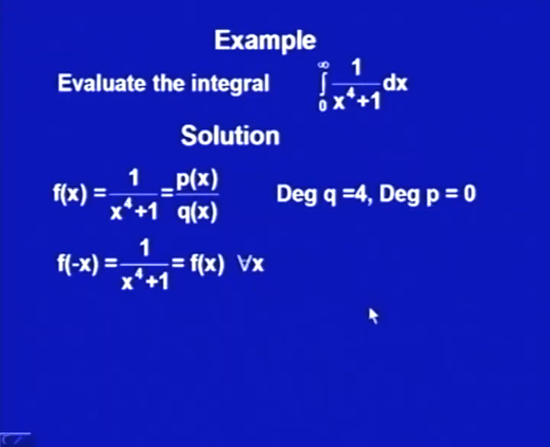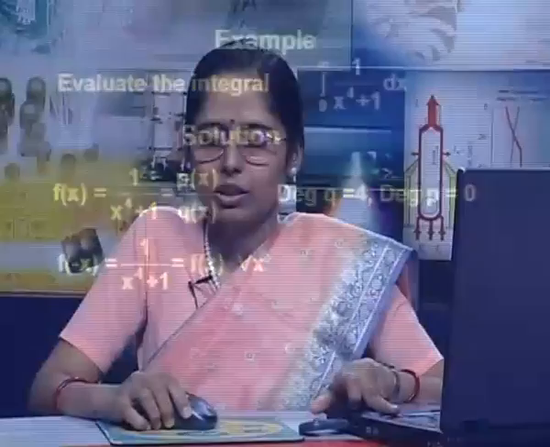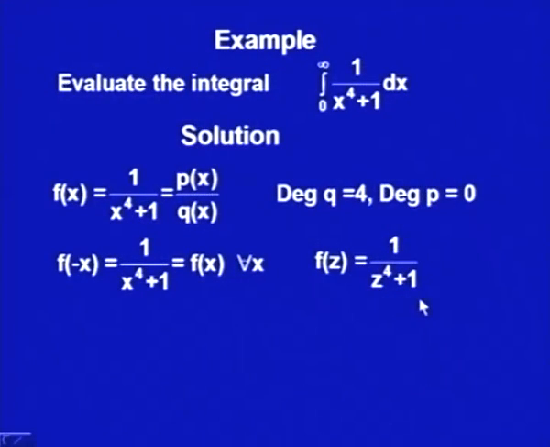So, again the Cauchy principal value formula would be applicable, and the method just now we have described is applicable. For that we require a corresponding complex function. So, the corresponding complex function would be 1 upon z⁴ + 1.